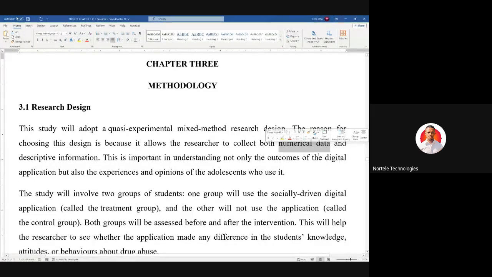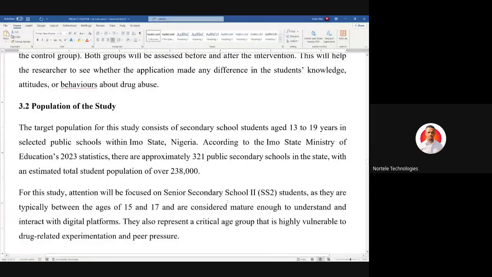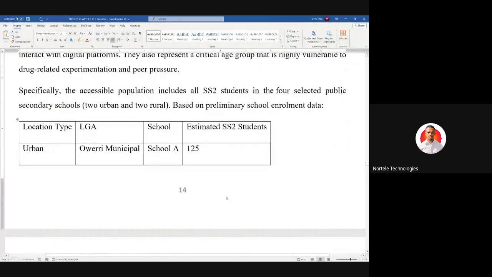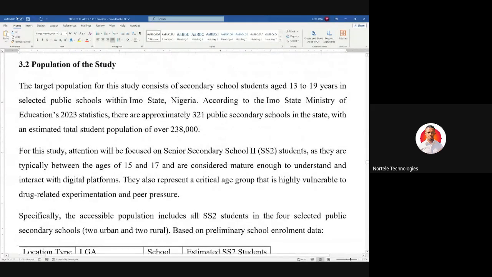For instance, amongst this number of people, how many of them have so and so. Qualitative means among this number of people, what is the effect of this thing amongst these people? So quality is just like quality of education now.